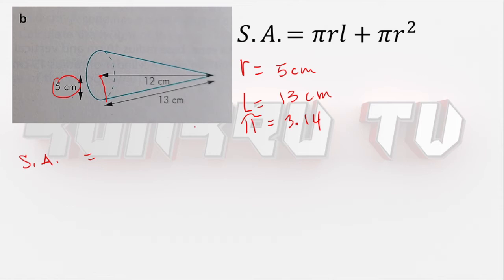Alright. Pi, okay, so 3.14 times 5 times 13 plus 3.14 times, okay, 5 times 5.